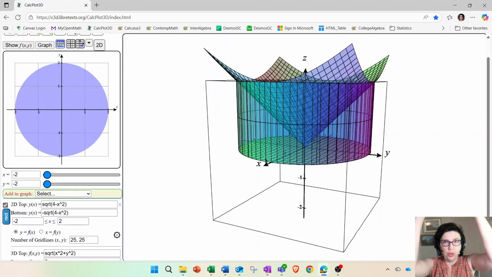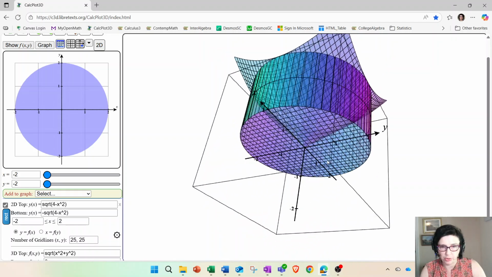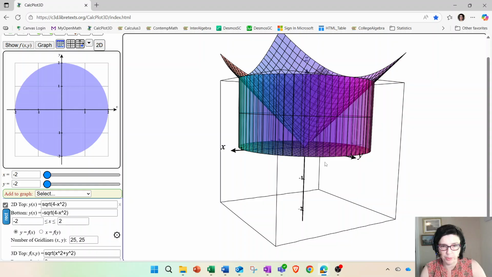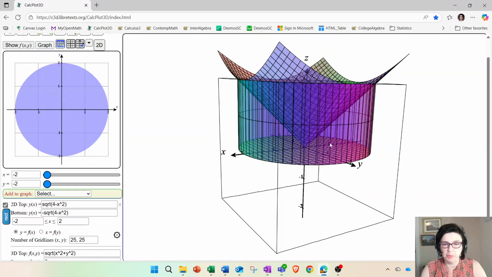So you just move that circle up and down, and then you get the cylinder. But it is bounded below by z equals 0, so it's not going to continue all the way down. And then the cone with the equation square root of x squared plus y squared would be bounding it from above. So it's between, like what you see inside the cylinder, but above, the roof is sort of weird, like a cone roof, and the bottom is regular.